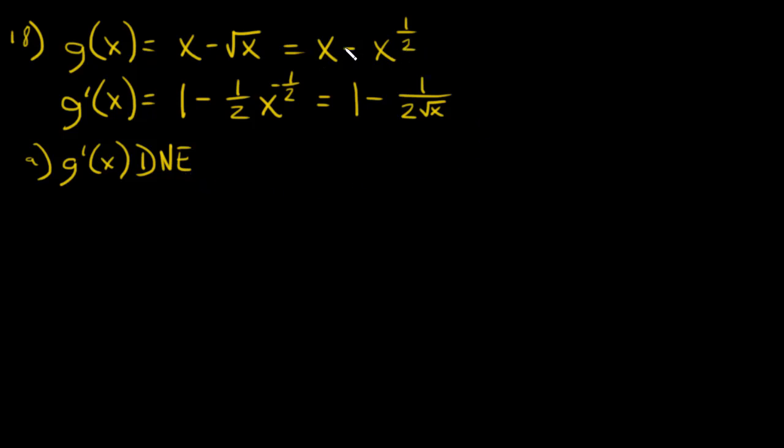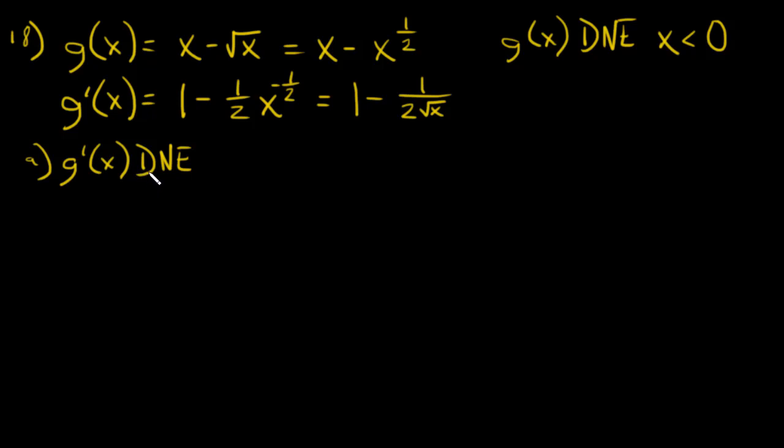If I look back up here at the top, g of x does not exist for all x less than 0, right? Because it's the root. If I plug any negative value in here, I'm going to get something that's imaginary. So all values of x that are less than 0 don't exist for the original function. Okay, so I don't have to worry about those in my critical numbers down here.